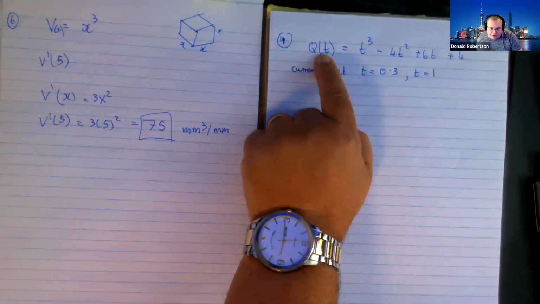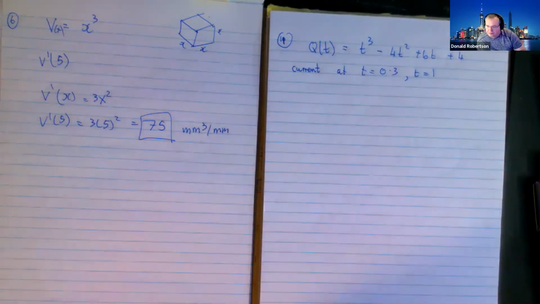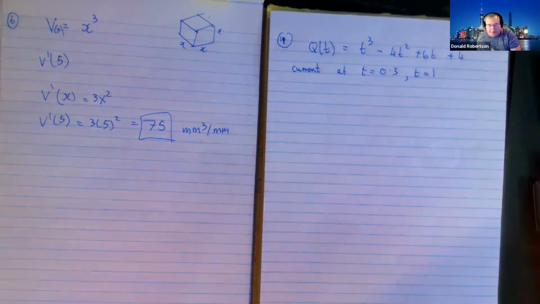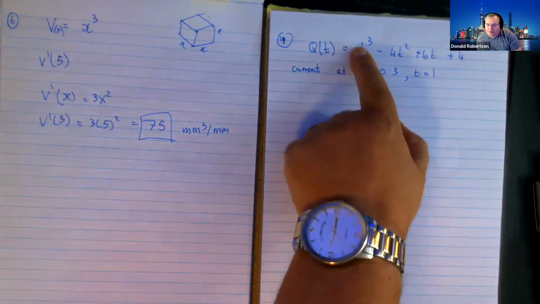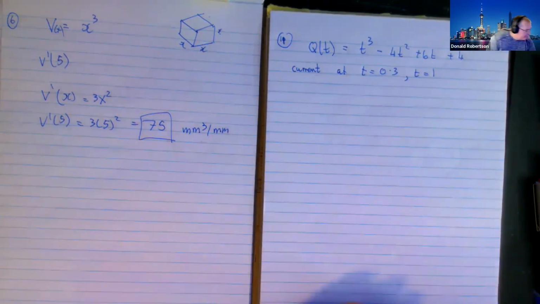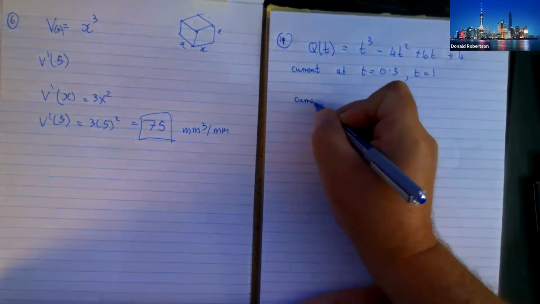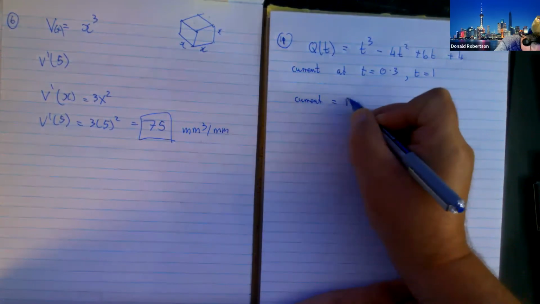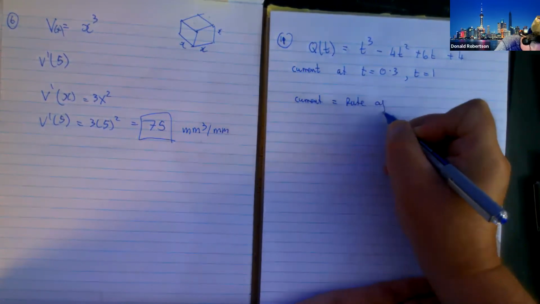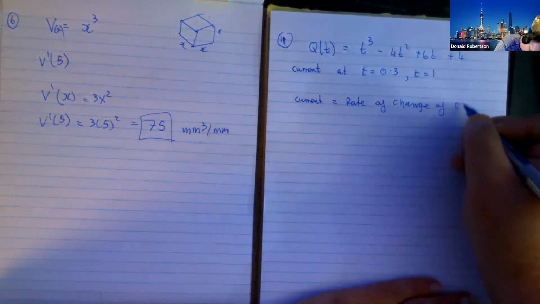This is the charge in this circuit at any given time t, and it's changing. So obviously there's charge going in or coming out, hard to tell which, but this is what it is. And they're asking us for the current. Well, the current is the rate of change of the charge.